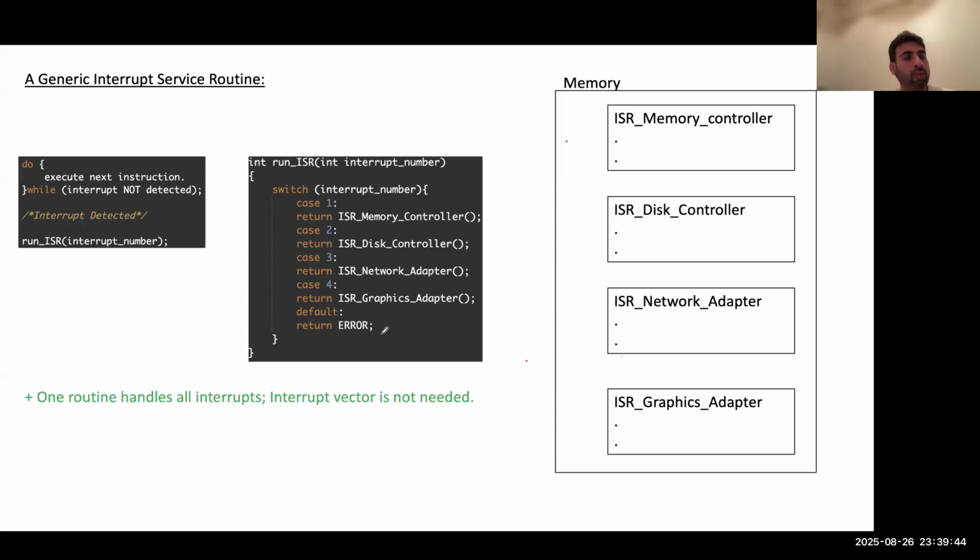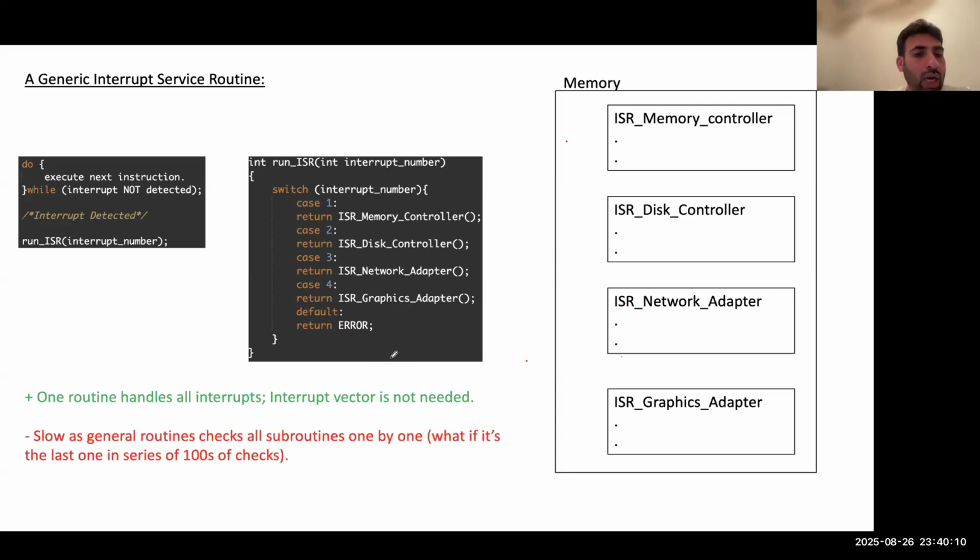The good thing about this approach of handling different types of interrupts is that you have only one routine which handles all the interrupts. You have only this one function which is invoked and takes care of all different kinds of interrupts, like the ISR for the memory controller, disk controller, network, graphic adapter, and so on.